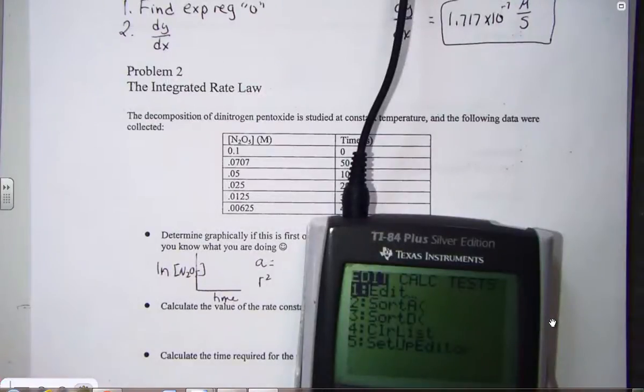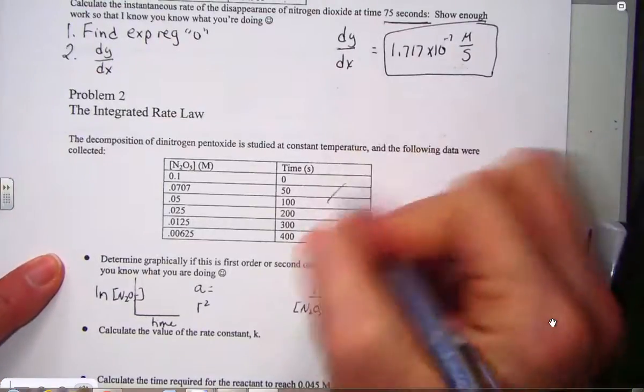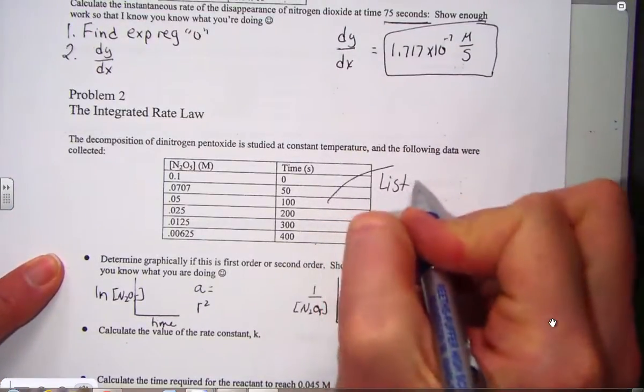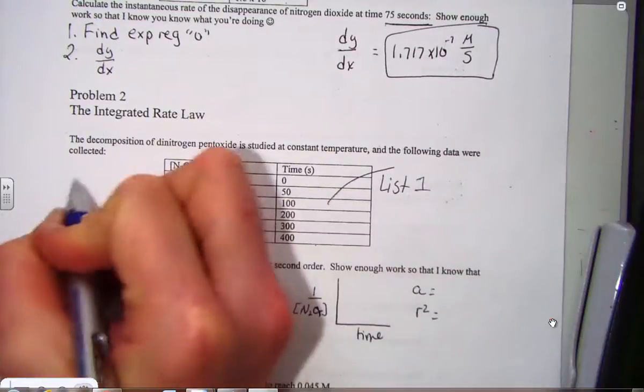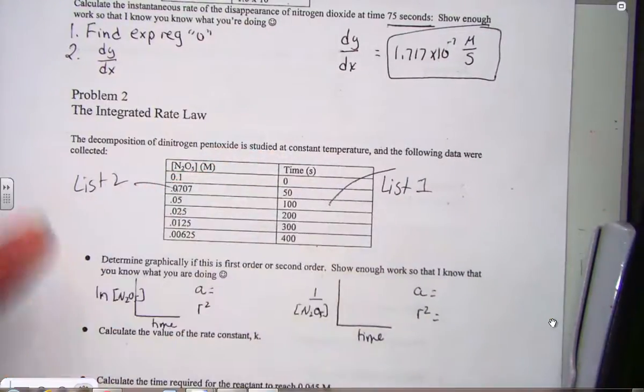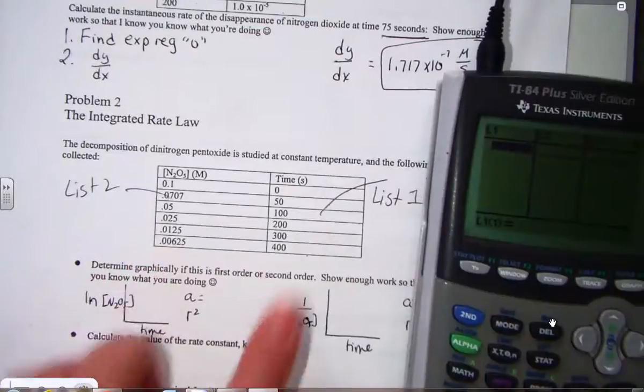So back to our lists, clear out what's there, and we have time must go in list 1 because that's going to be the x-axis. And the concentration will be in list 2. So don't let the order mess you up. Make sure that you press time into list 1.